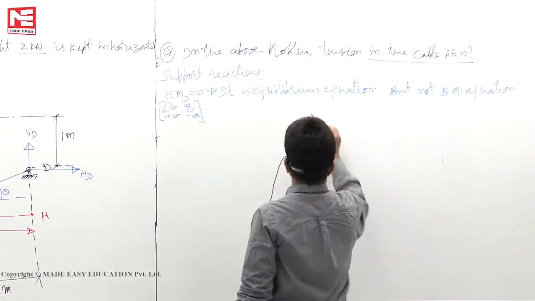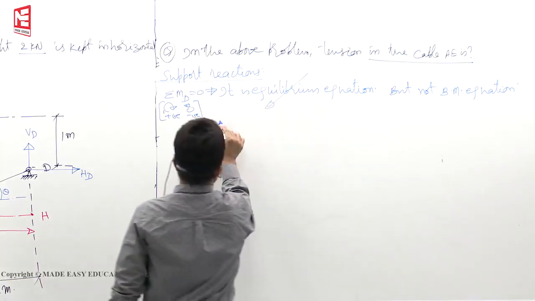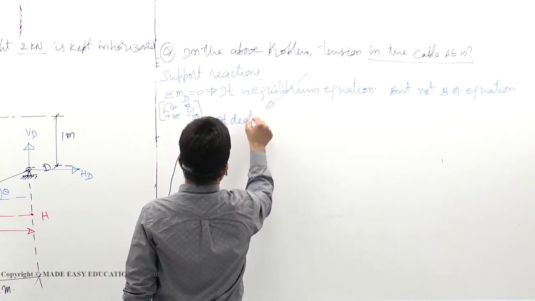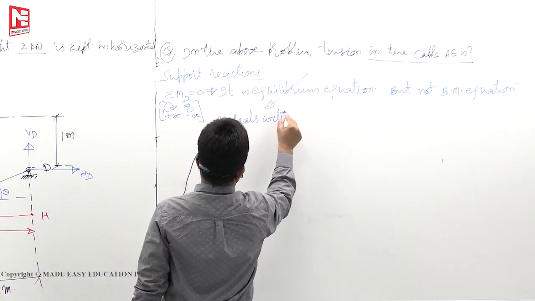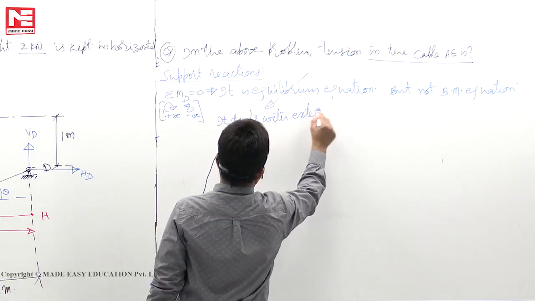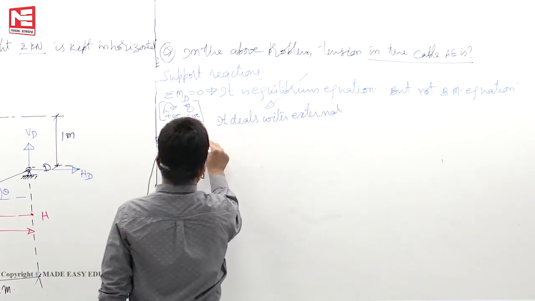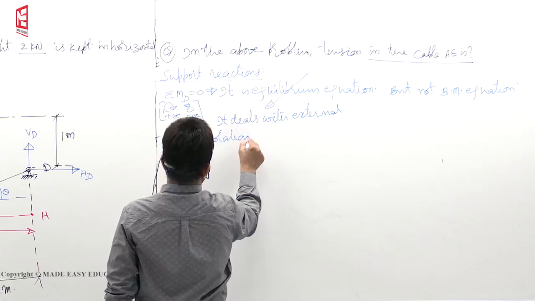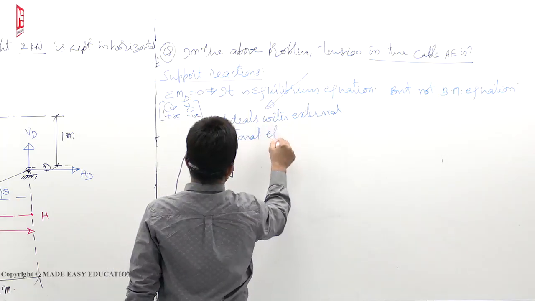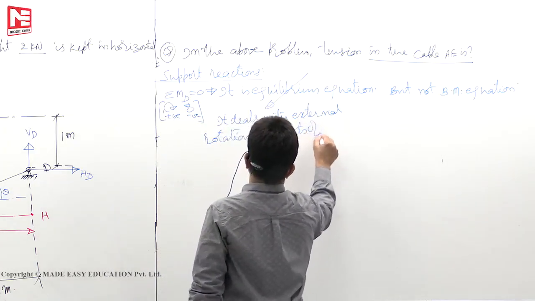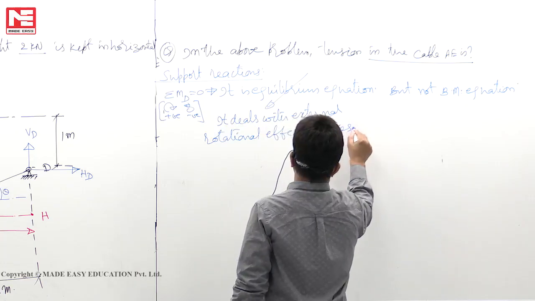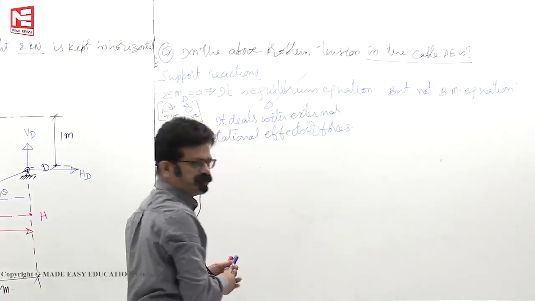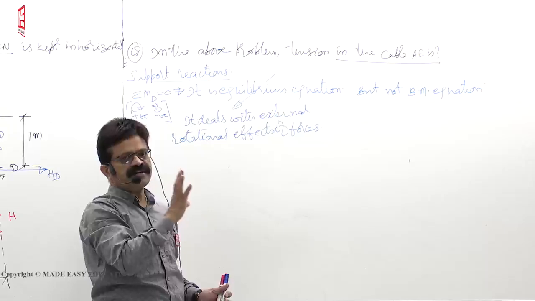What is the difference? Equilibrium equation means what? It deals with external rotational effects of forces, or external effects of the moments, whether the body will rotate or not.